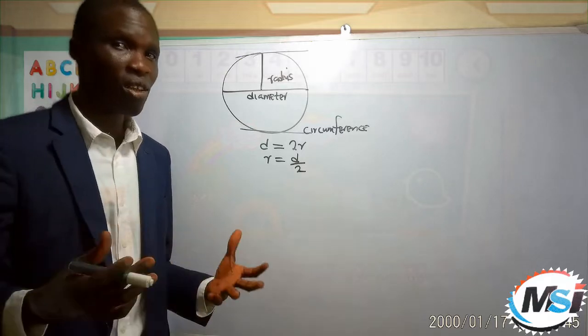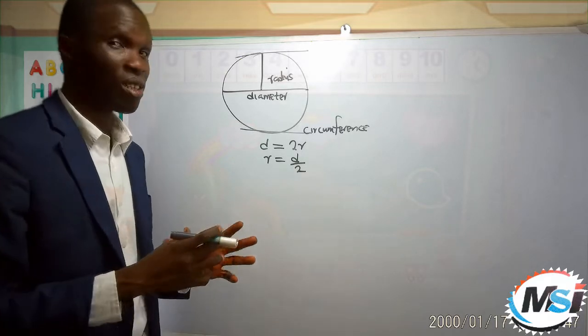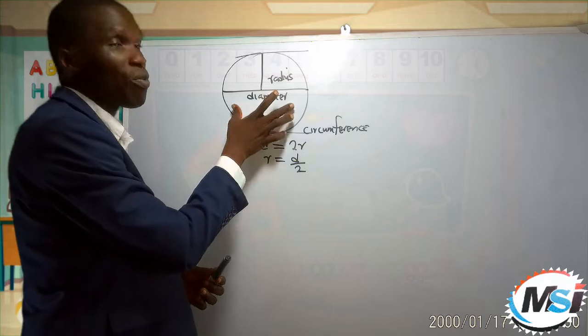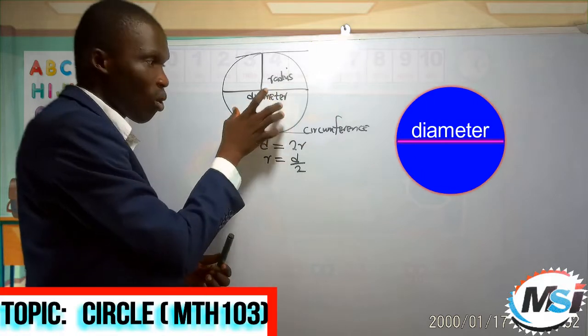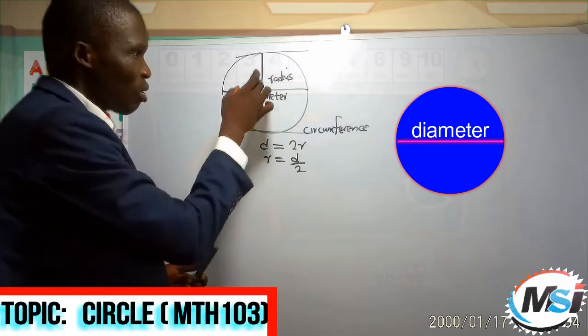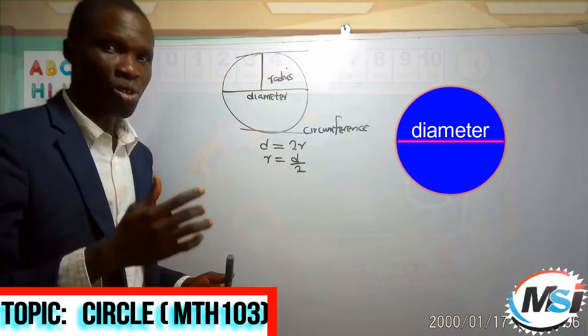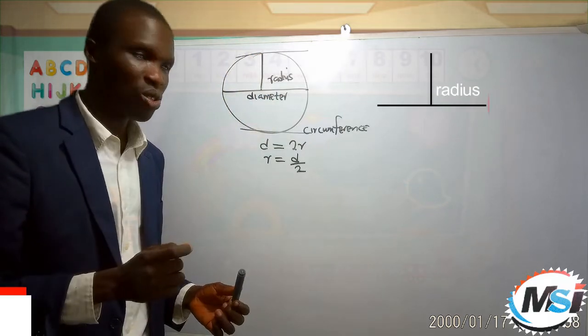Now you can see the difference here. This is telling you that half of a circle is called diameter. When you divide diameter into two, you are going to get radius.